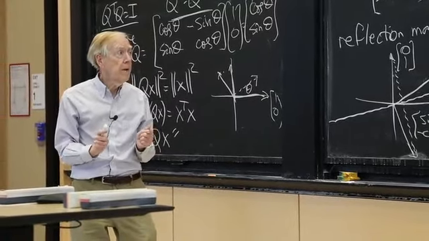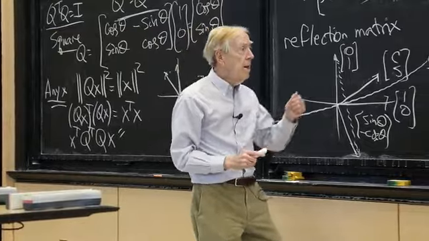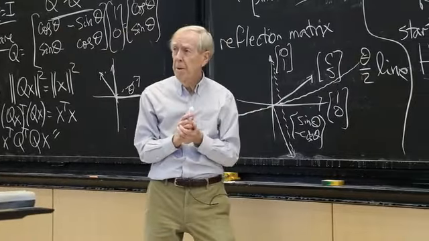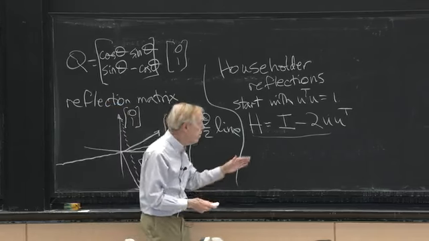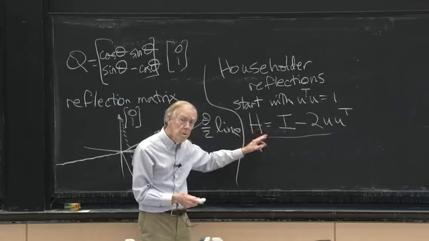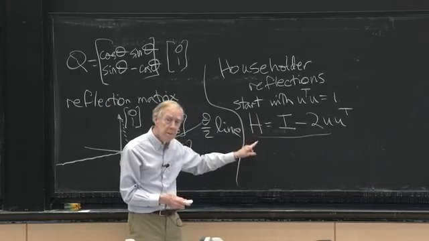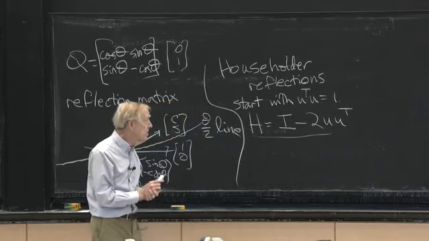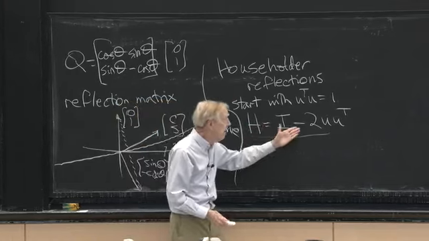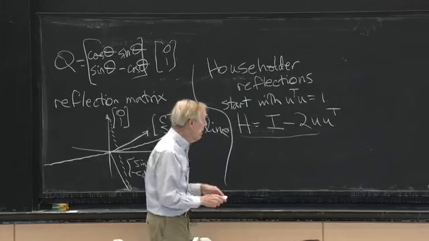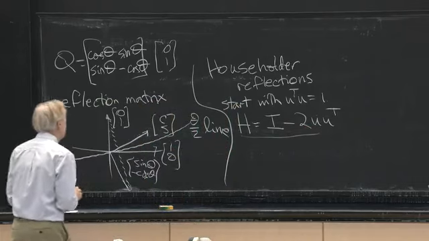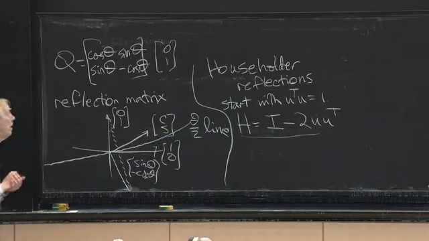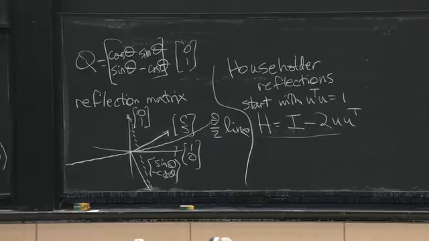So I guess I'm believing that H is an orthogonal matrix. Otherwise, it wouldn't be here today. So I believe that, and not only is it orthogonal, it is also, have a look at it, symmetric. The identity is symmetric. UU transpose is symmetric. So this is a family of symmetric orthogonal matrices. And that was one of them. That's a symmetric orthogonal matrix.